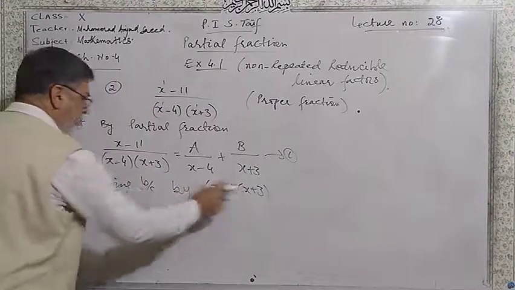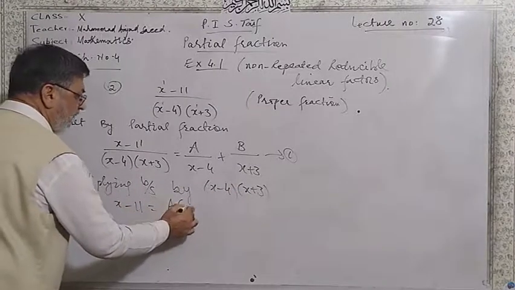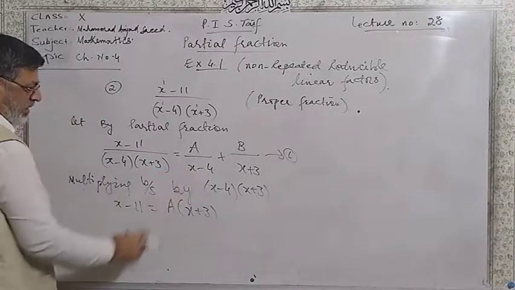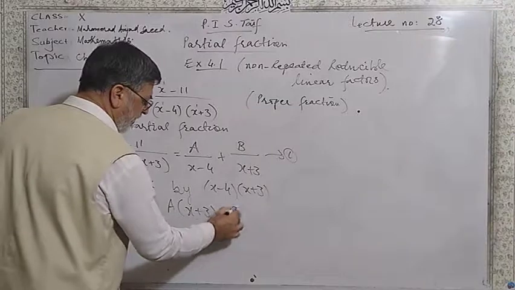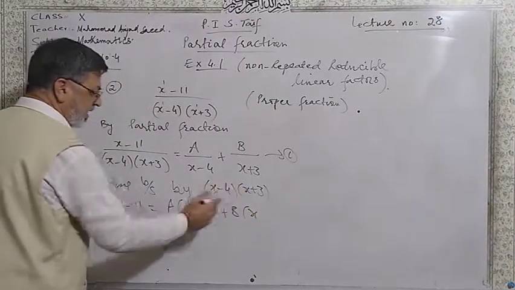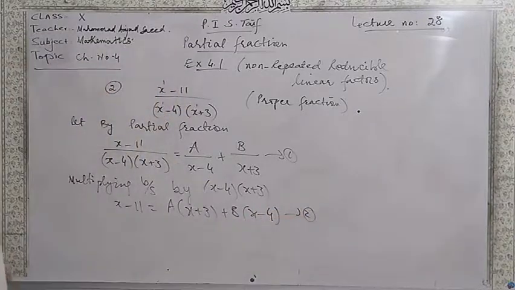Both are cancelled out. We are left with x minus 11 is equal to A into x plus 3, because x minus 4 cancelled x minus 4. Similarly, plus B into x plus 3 is cancelled out. We are left with x minus 4. That is equation number 2.